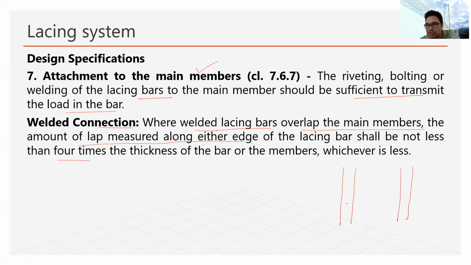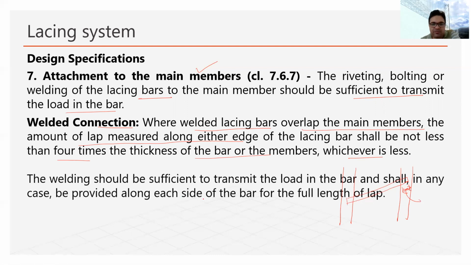If we are using the welded connection like this, this overlap should not be less than 4 times the thickness of the lacing bar or the thickness of the main member, whichever is less. Here you can see, they are talking about this overlap.